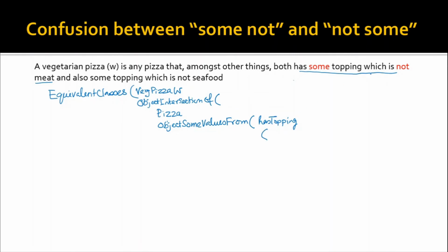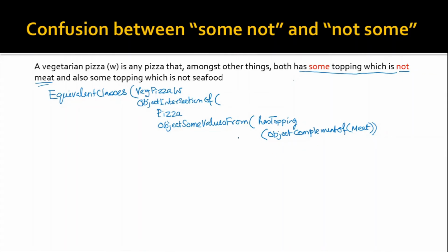We will be having object complement of meat, right? It will be complement of meat. Object complement of meat, right? So you can close this part, okay, right? And this, right?